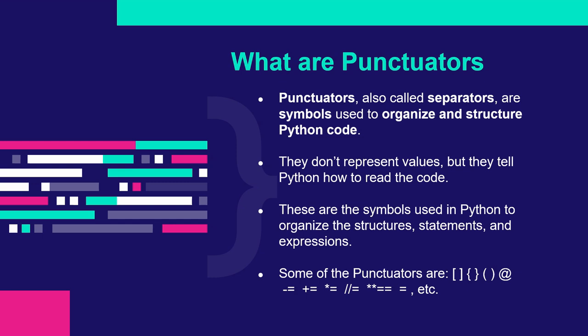Some common examples of Python punctuators are square brackets, curly braces, parentheses, and the at symbol, as well as operators like =, +=, *=, //=, among others. Even though they seem small, punctuators play a big role in keeping your code clean, readable, and correct.